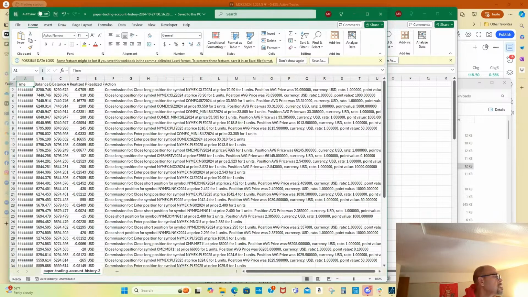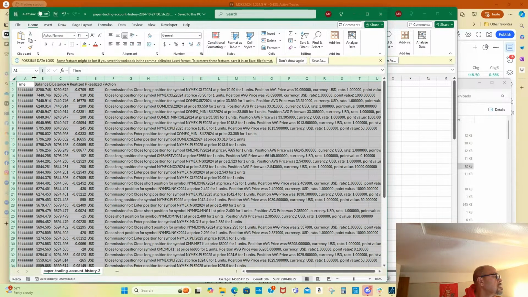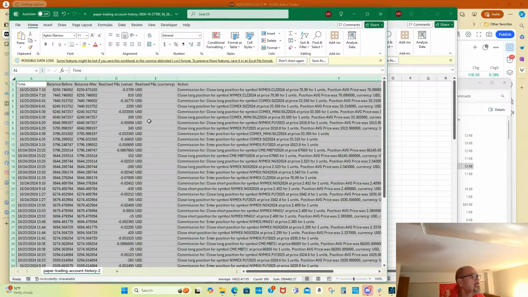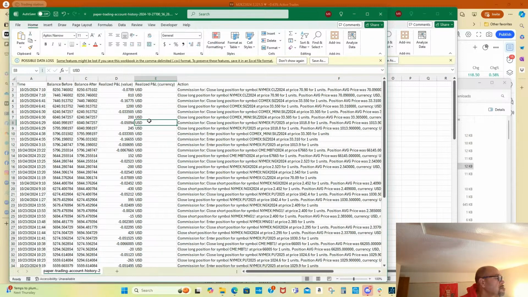Yeah, this is balance before and after. And then P&L value, currency. There's also commissions.